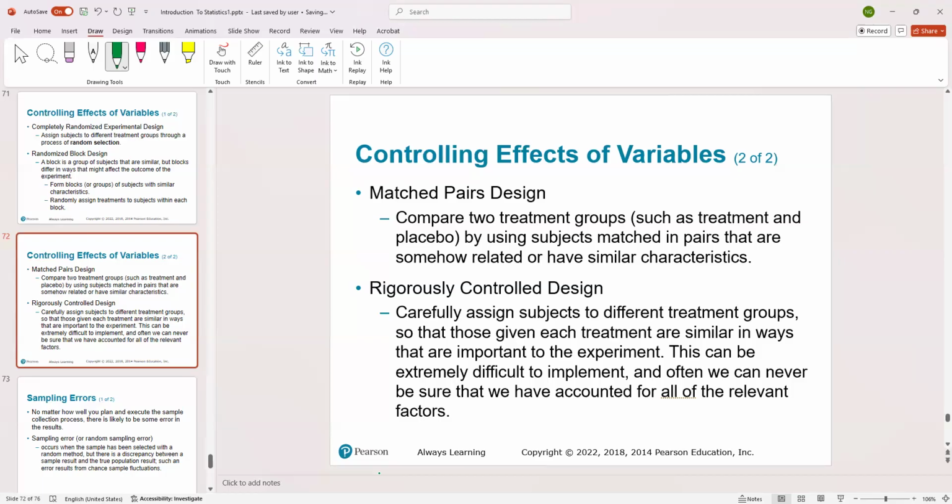Let's see, rigorous control group. For control groups, as we said, we have so many of them, but here you carefully assign subjects to different treatment groups so that those given each treatment are similar in ways that are important to the experiment.